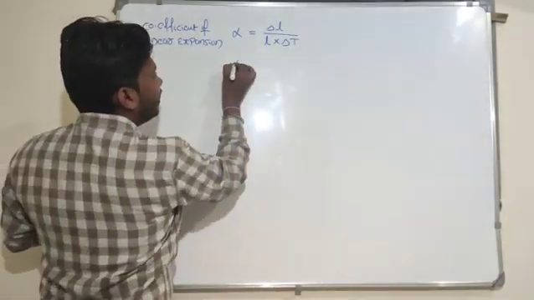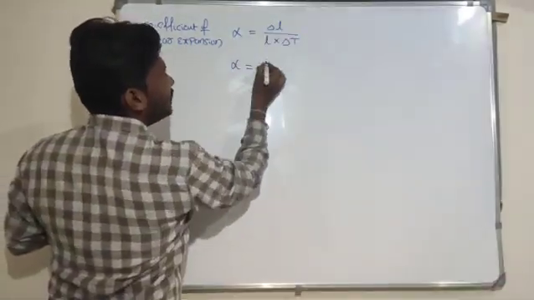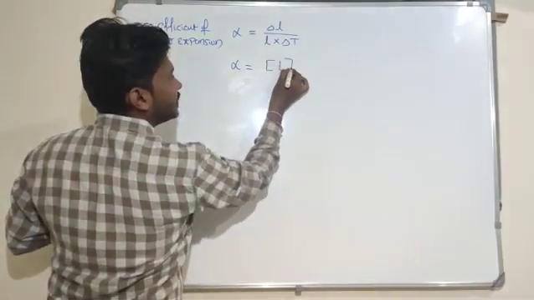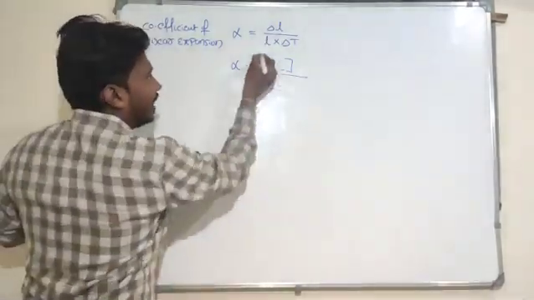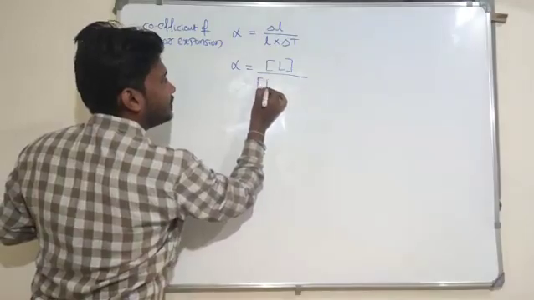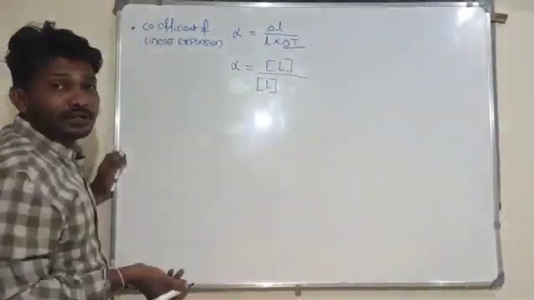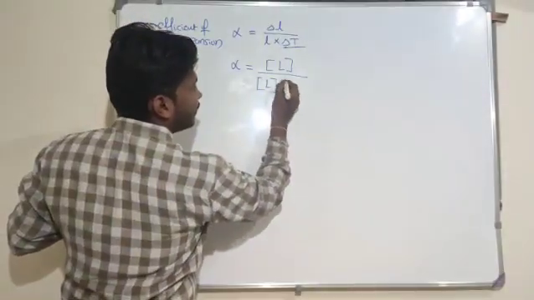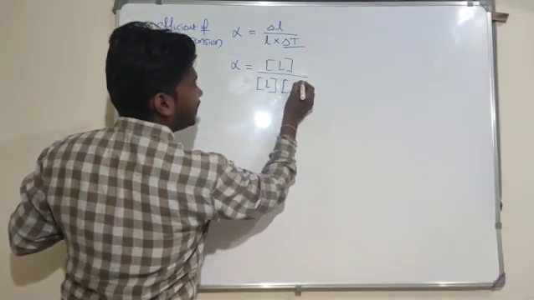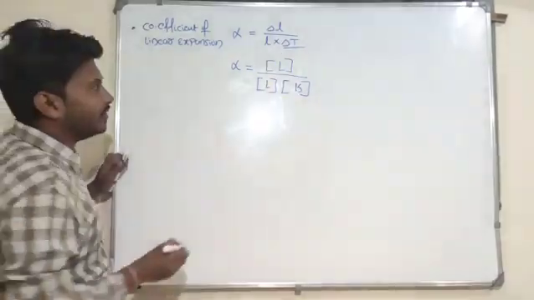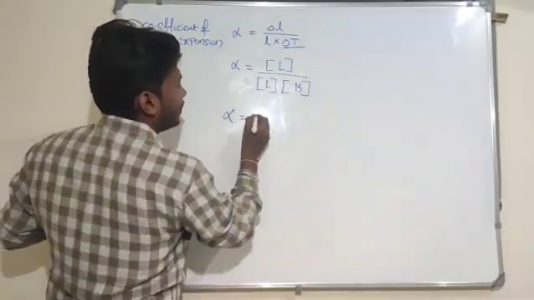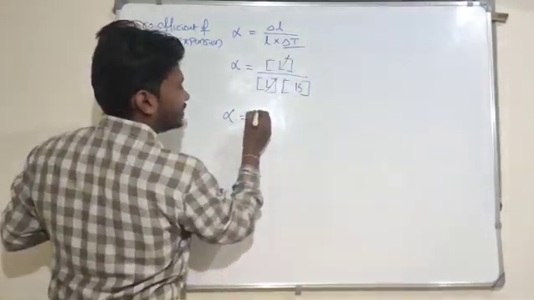To write the dimensional formula, delta L means length, so I take L here, and in the denominator also a length term is there, and delta T means temperature. If there is any temperature term, you can write it as K, in terms of Kelvin. So alpha is equal to, these two terms get cancelled out.